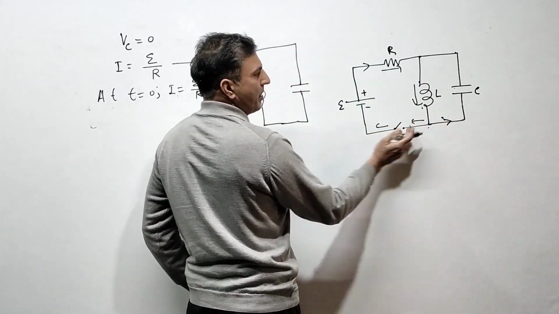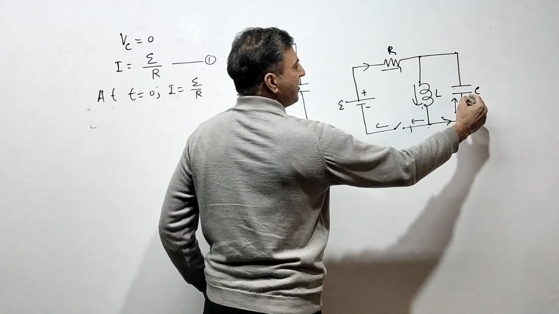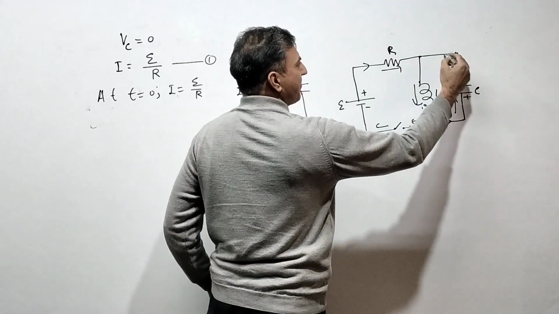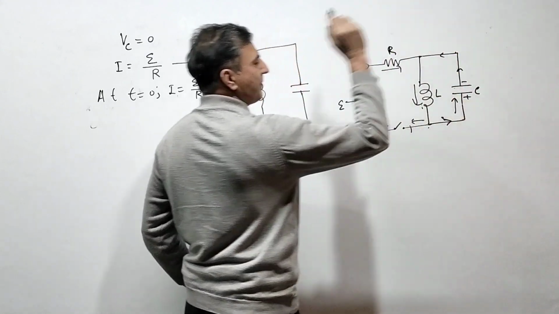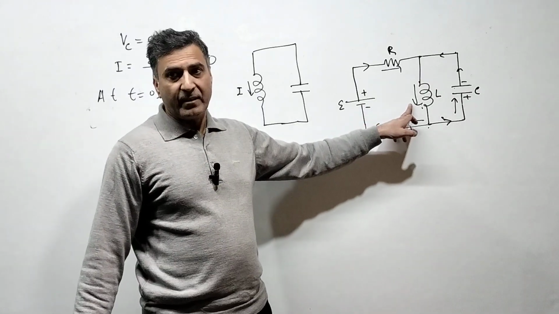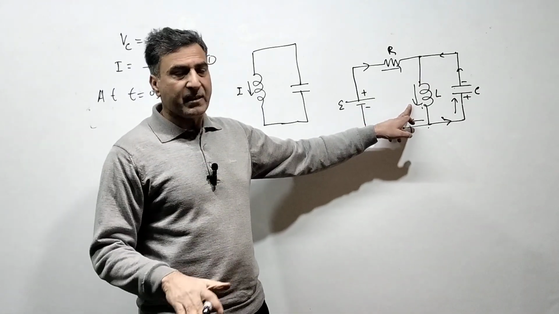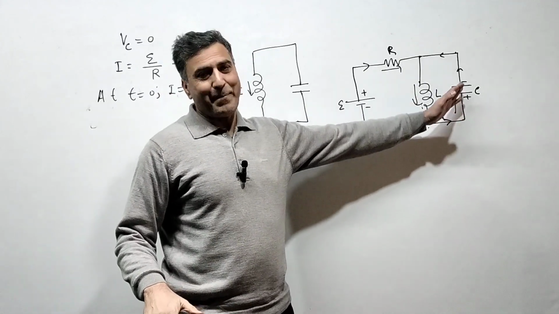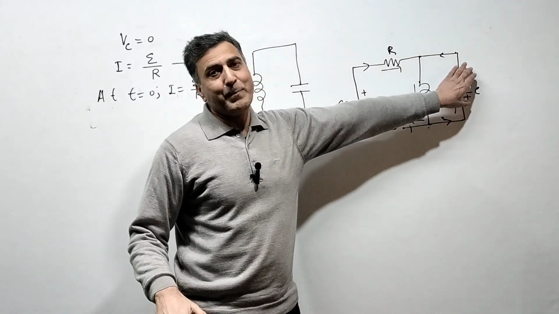Now when the key is opened, the current flows through the capacitor and charges it. The current starts decaying in the inductor, but at the same time it charges the capacitor, and finally the capacitor will be fully charged.